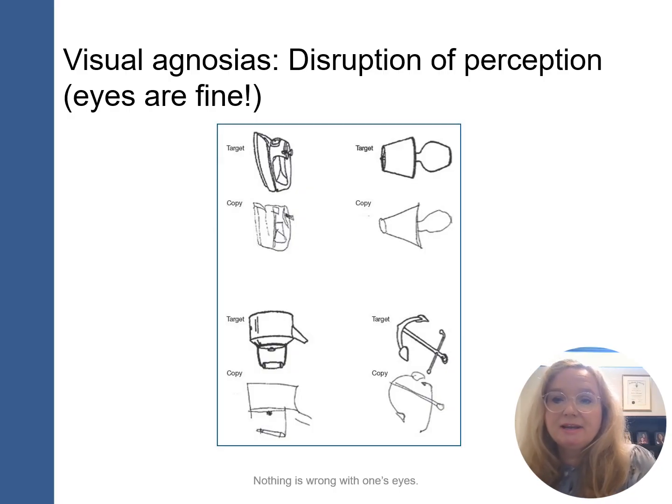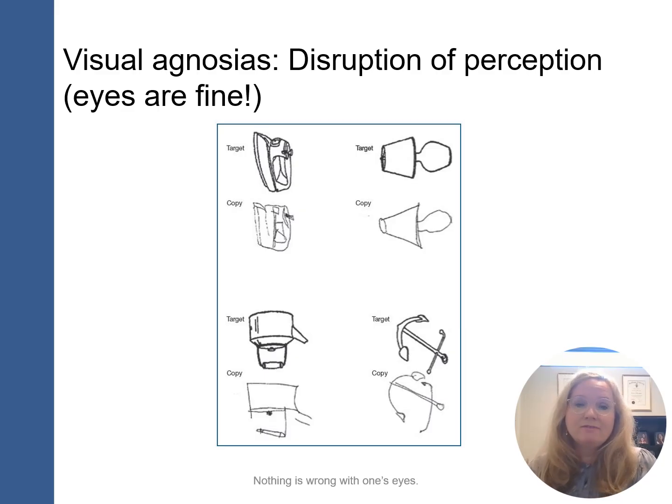So the last little bit here is about interesting agnosias. These are examples of problems with perception where there's nothing wrong with your eyes. Something is going wrong in the brain, but the eyes and retina are working fine. Perhaps there's been a stroke or some sort of brain damage.